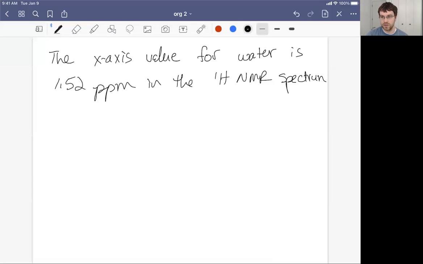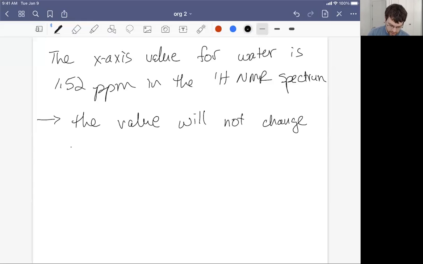Now, what's super cool about this is the ppm value will not change if you change to a larger magnet.